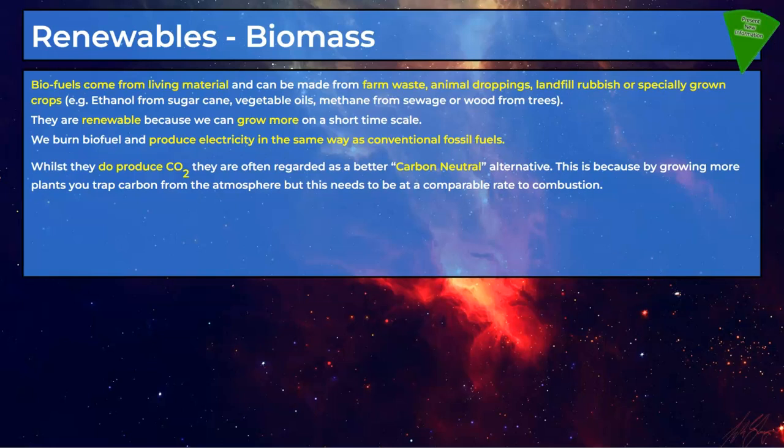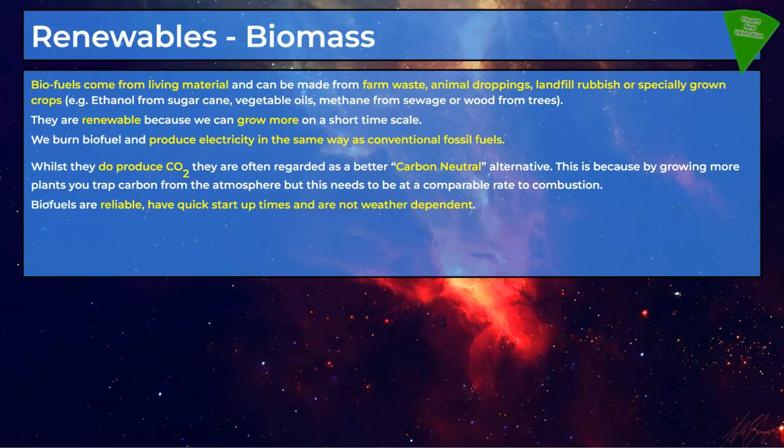It's just that obviously it can be replaced. What we try to do is make sure we produce the biofuels, which as we burn them releases CO2, but whilst the crops are growing, that is also taking CO2 from the atmosphere. So we often regard these as better than fossil fuels because we consider them to be carbon neutral.